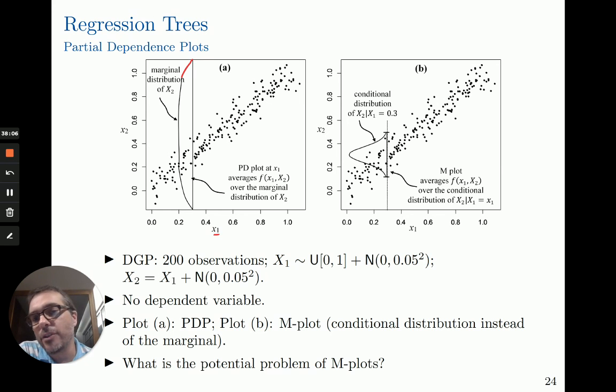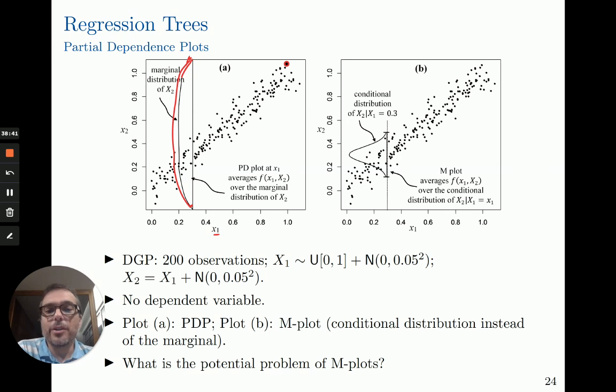So you see that it's taking the average over all this distribution here, because x2 is distributed over a range that goes from very small values to very large values. So you are averaging in regions where there is no value of x1, and so it's kind of weird.